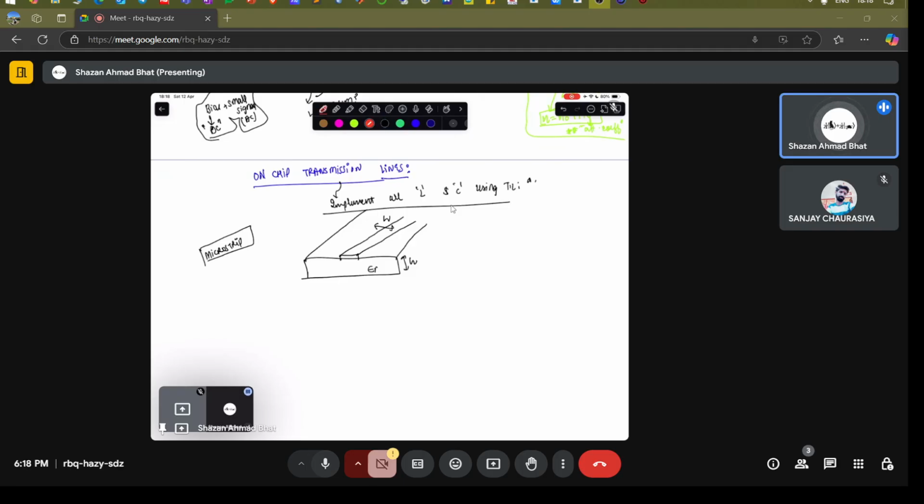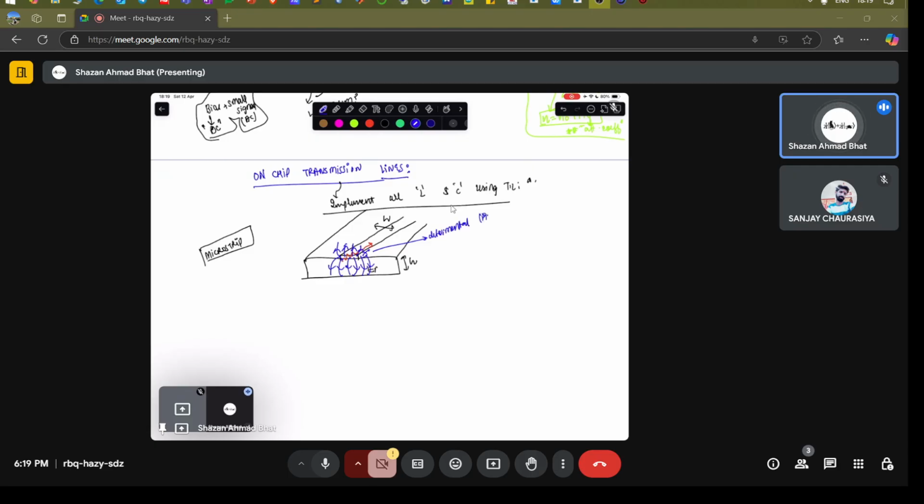Whenever the microwave flows through this region, there will be leaking of the electric field. Most of the field lines will be inside the dielectric, but there will also be a leaking field, which is the fringing field outside this particular domain. This is detrimental. That is what we don't want.